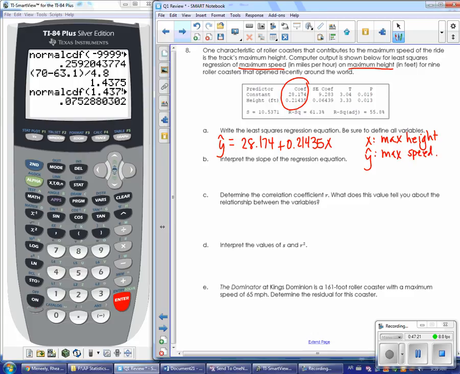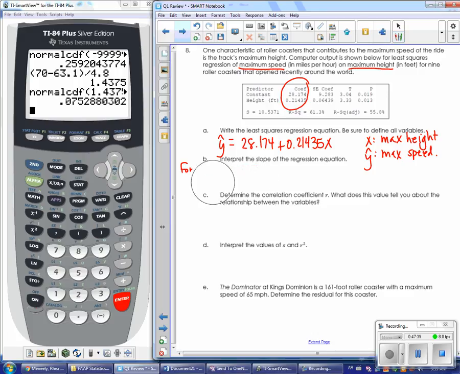Okay. It says to interpret the slope of the regression equation. So remember, the slope is always as the x value increases by 1, the y value is changing with respect to the slope. So let's do it this way.